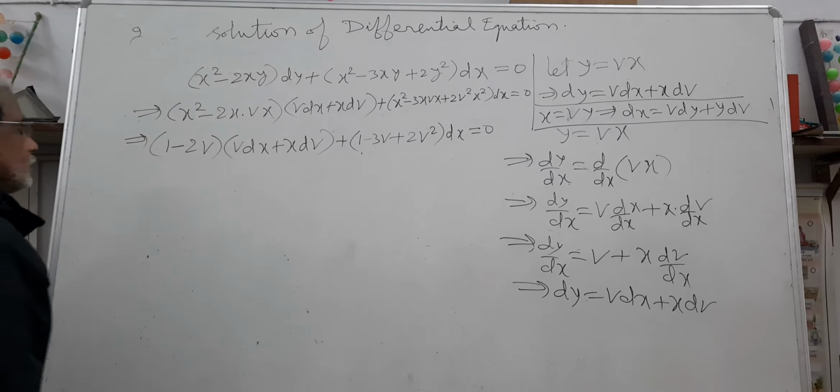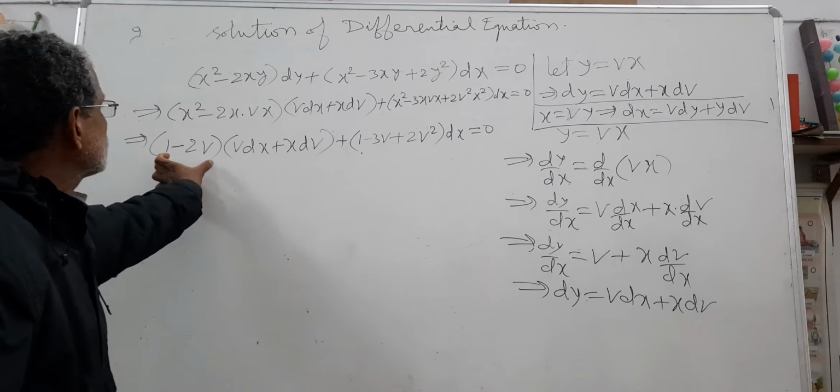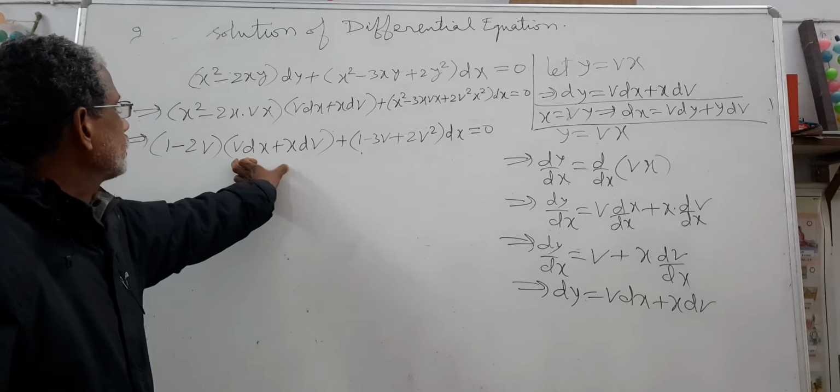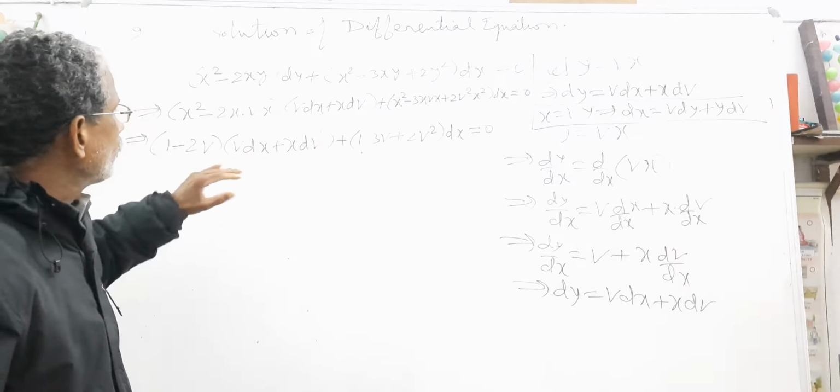Remember that if any bracket or parenthesis contains only one variable, a function of one variable, never open that bracket. This bracket contains two variables x and v. Therefore, we will open this, but never open this bracket or this bracket.